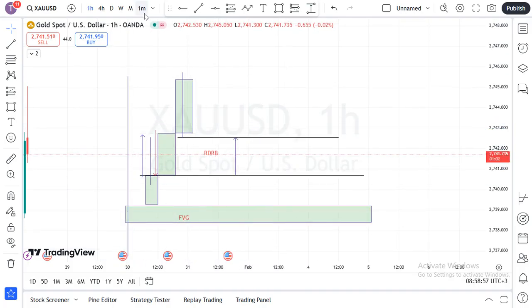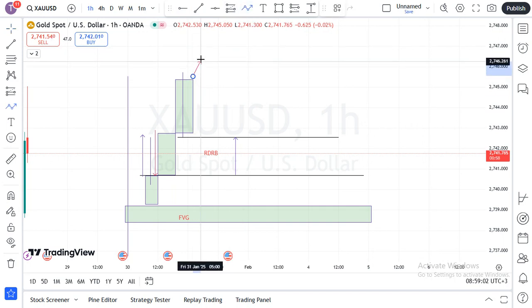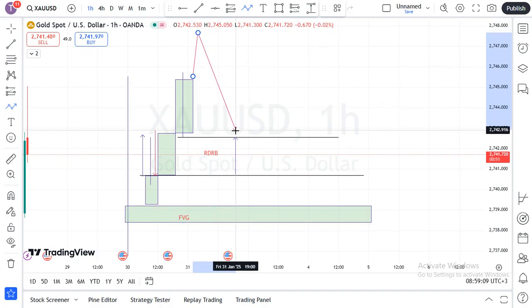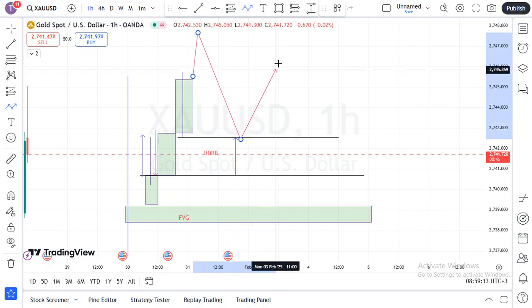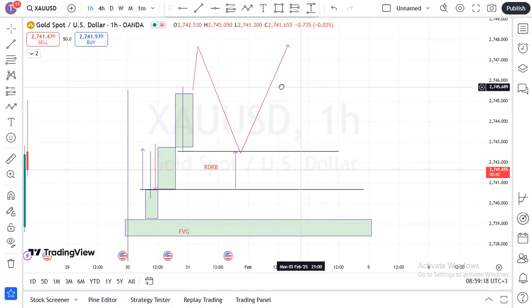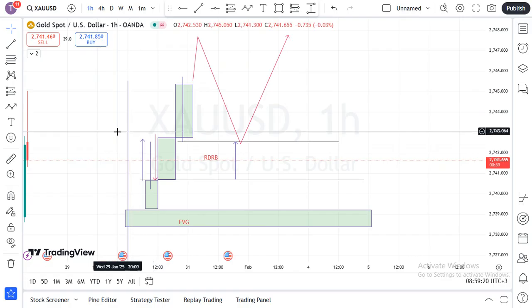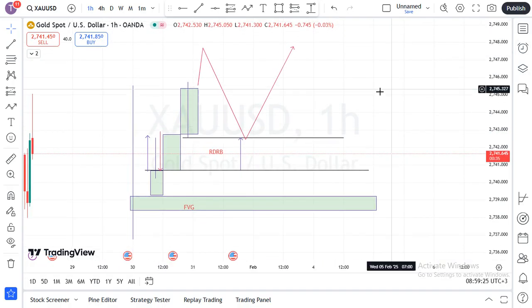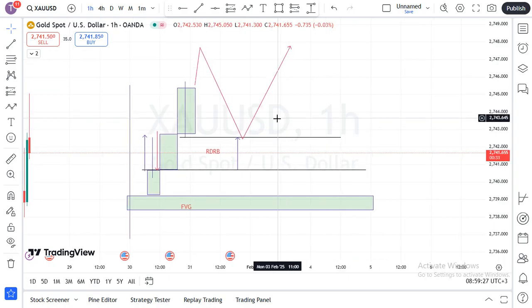So in case the market was bullish, we shall see something like this, and then we continue going up. So that's why I said it is one of the favorable internal liquidity.